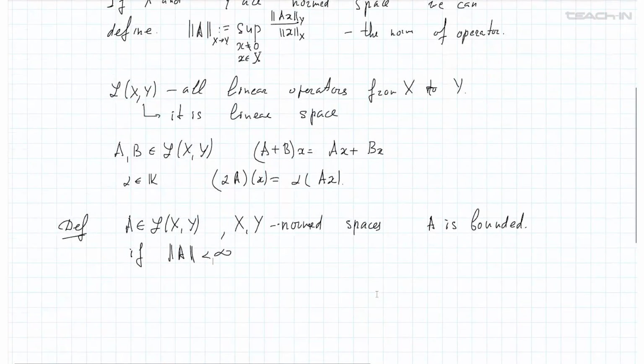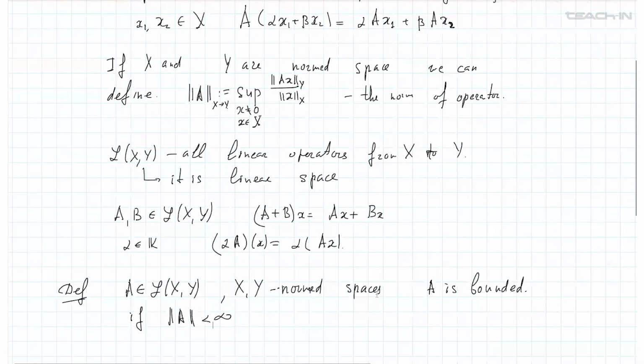And there arise a lot of tasks to calculate the norm of some operators. The standard, classic formula for the norm of an operator is not convenient, because if you want to calculate the norm of an operator, you must take the norm in space Y, divide it by the norm of the element in space X, and try to find the supremum.